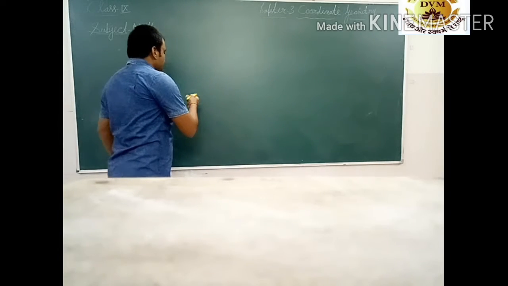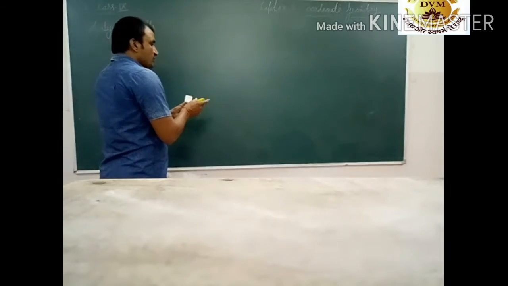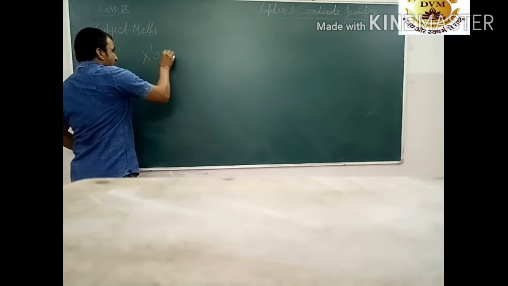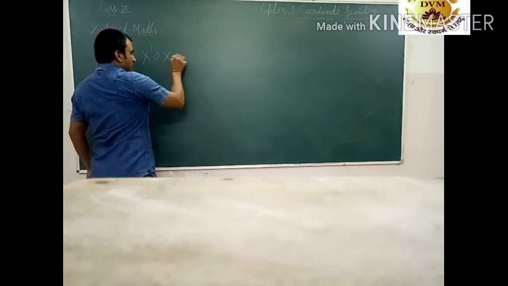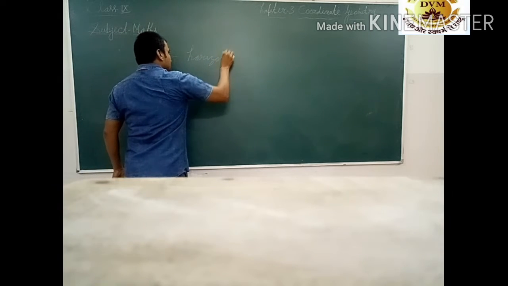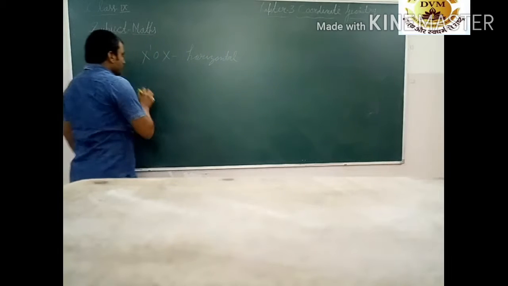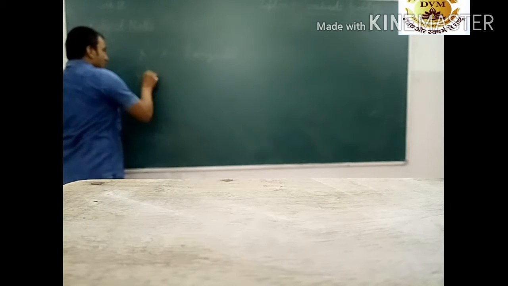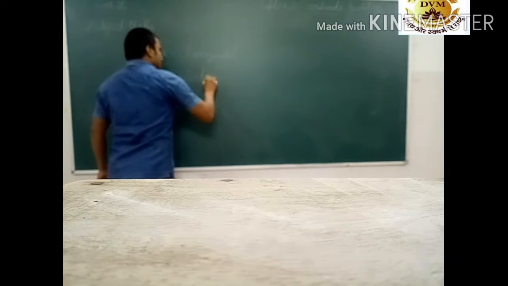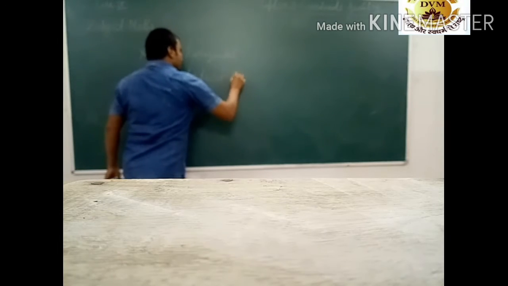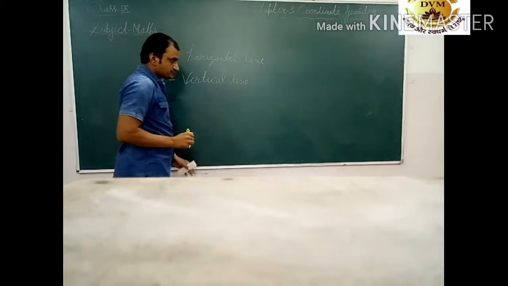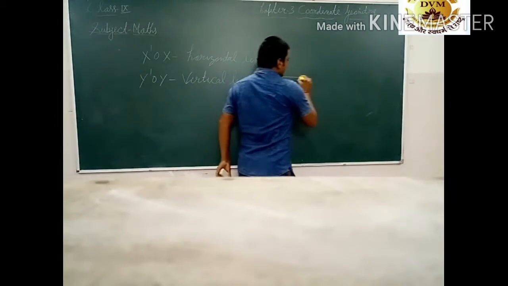Suppose we draw two lines. The first line is X'OX, the horizontal line, and Y'OY is called the vertical line. Okay, draw.